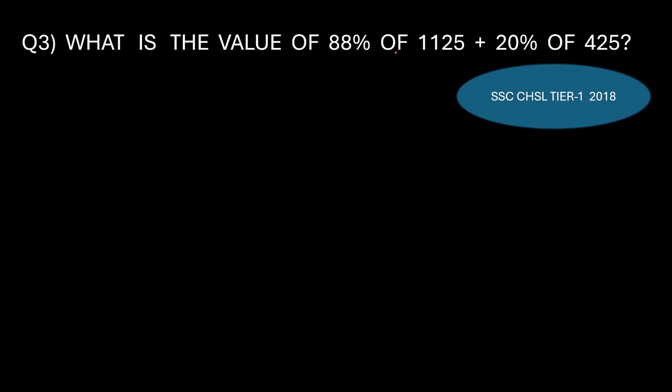And we have another question here. What is the value of 88% of 1125 plus 20% of 425? So, same as before, converting this percentage value into a fraction gives me 88 by 100 into 1125 plus 20% of 425, which is 20 by 100 into 425.